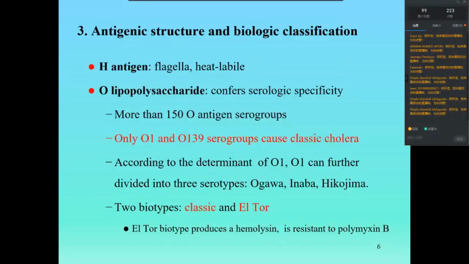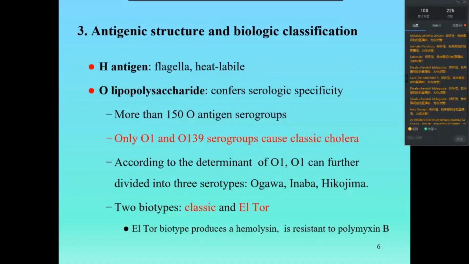There are so many various types of O antigen. Right now, we have identified more than 150 O antigen serogroups. And within these over 150 serogroups, only O1 and O139 serogroups can cause disease in humans.